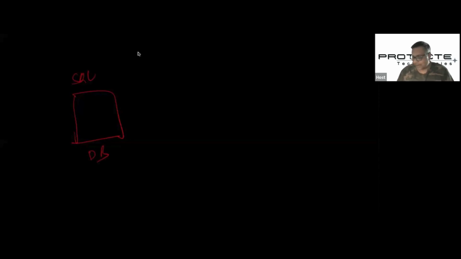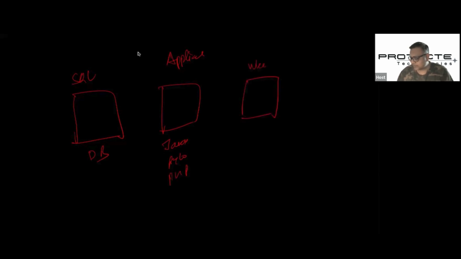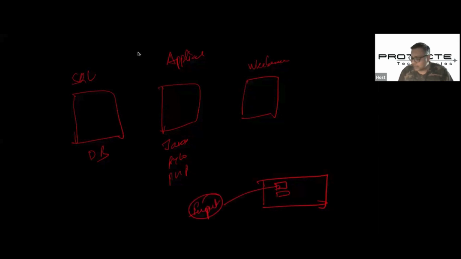And they will have an application logic running either on JavaScript or Python or PHP, whatever. And then they have a web interface, a web server. When they open the web server, you have certain data points, some inputs, which you take from the user. The web server sends these inputs to the application, and the application server tries to query the SQL database.